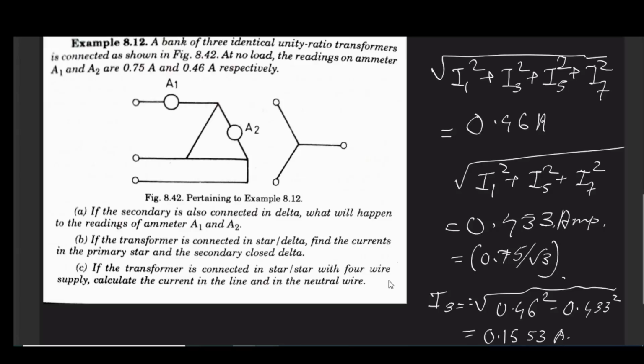Therefore, you have to visualize why A2 should be reduced when you connect the secondary in delta. Like when only primary is delta, then the whole third harmonic current is circulated through the delta winding primary side, but there is no flow of third harmonic current in the corresponding secondary side.